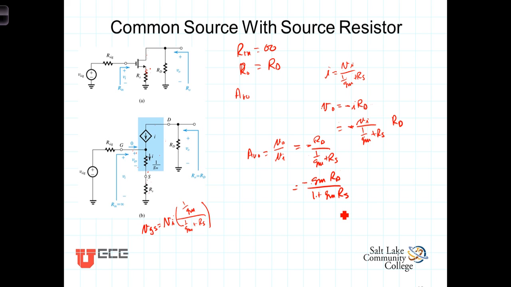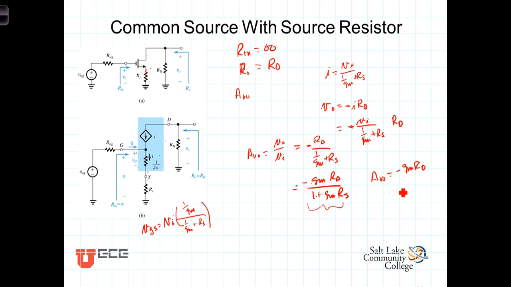It's useful to compare this open circuit gain with that of the common source amplifier without the source resistance. You'll recall under those circumstances that A sub V0 was equal to negative G sub M times R sub D. Here's the open circuit gain with the source resistor, and this is the open circuit gain without the source resistor.